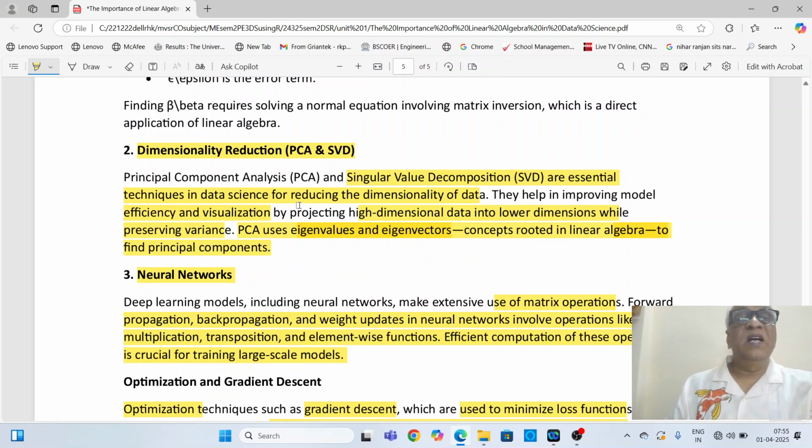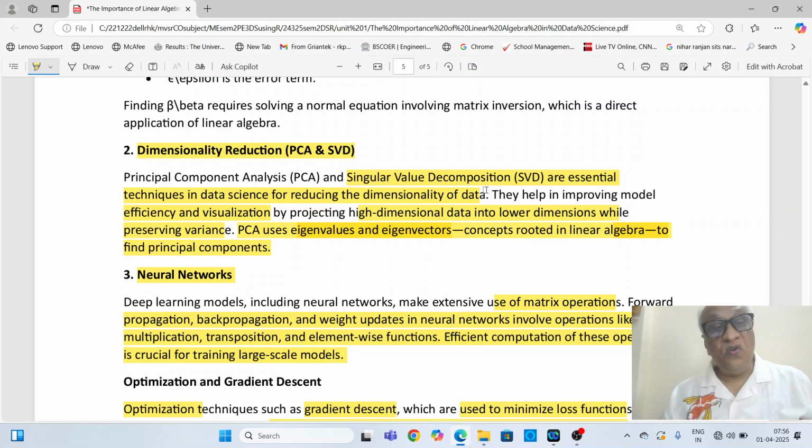Suppose you are performing dimensionality reduction. The major techniques for dimensionality reduction are principal component analysis and singular value decomposition. And what is the purpose of dimensionality reduction? You'll be reducing your high dimensions into lower dimensions, is it not? But you'll be preserving the variance, and through this you'll be improving the model efficiency and visualization.